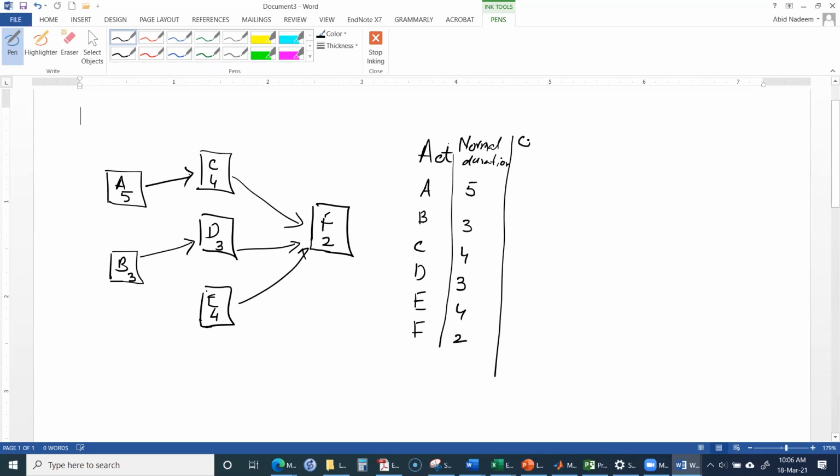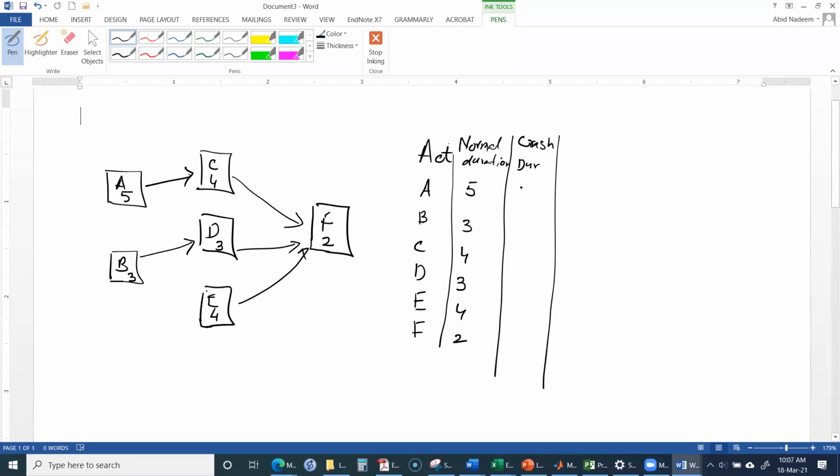We say that there is the crash duration. What is the crash duration? Crash duration is the minimum possible duration to which the activity's time can be reduced when we reduce the activity time.